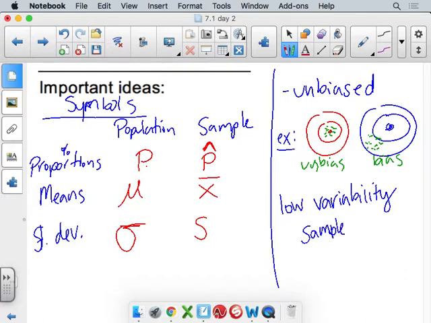The way we're representing sample size is N. You want your sample to be, the bigger it is, the tighter the spread is, the smaller your spread is, because the averages or the proportions cancel each other out, the highs and the lows. They average out into one. So I want my sample size, N, to be high.